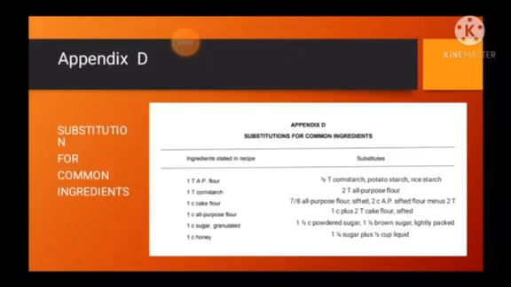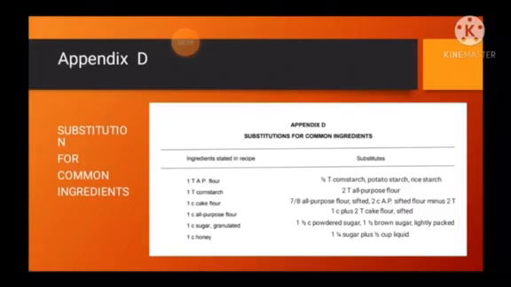For 1 tablespoon cornstarch, its substitute is 2 tablespoons of all-purpose flour. For 1 cup cake flour, its substitution is 7/8 cup all-purpose flour sifted, or 2 cups sifted flour minus 2 tablespoons.